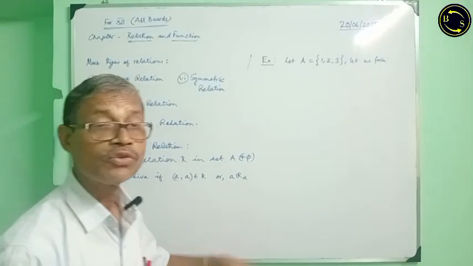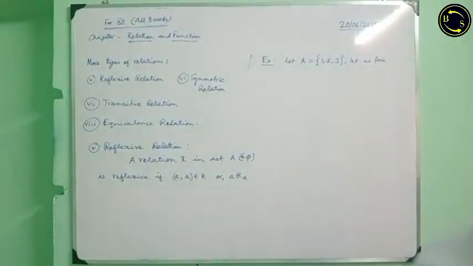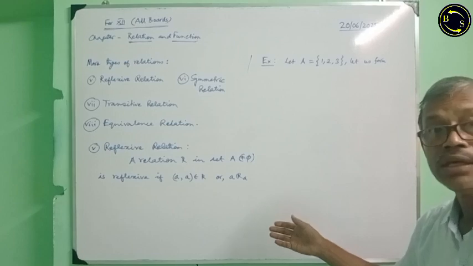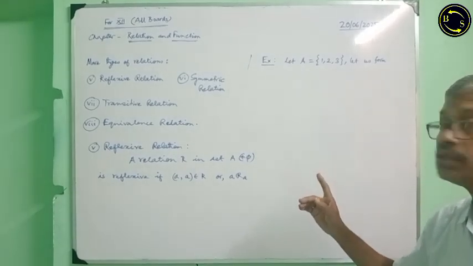A is related to itself. Then that relation is called a reflexive relation.